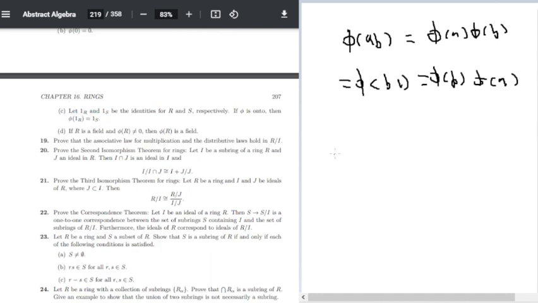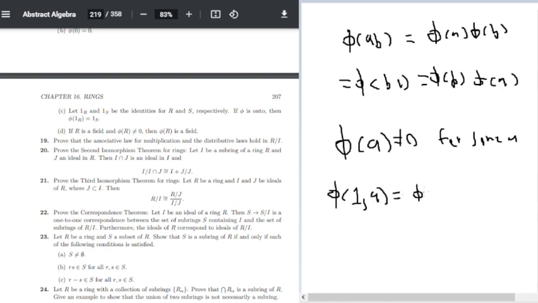If phi is onto, then phi of A is not equal to 0 for some A. So in that case, phi of 1 times phi of A equals phi of A. So that implies that phi of 1_R is equal to, don't mind the change in notation there.